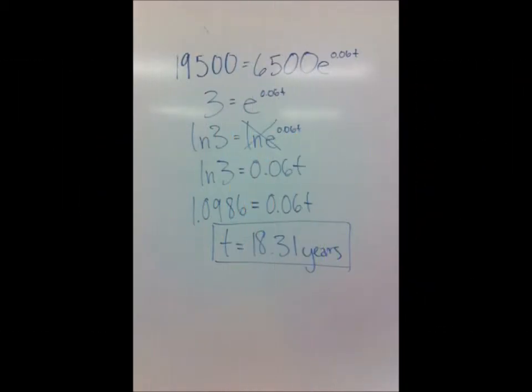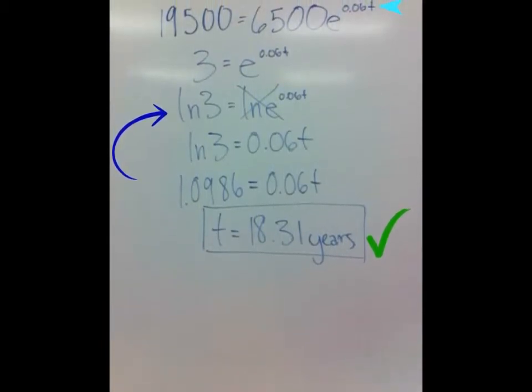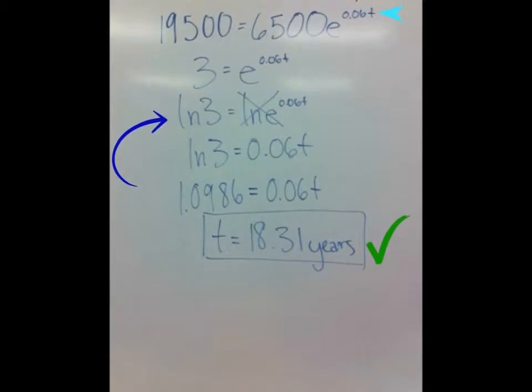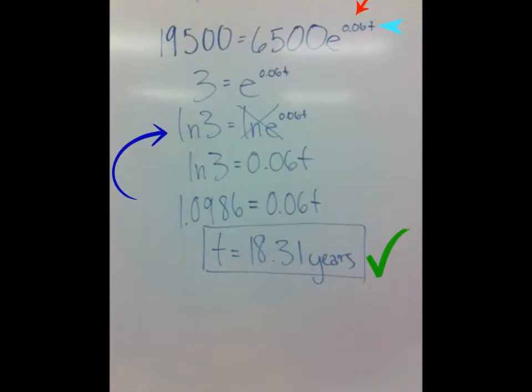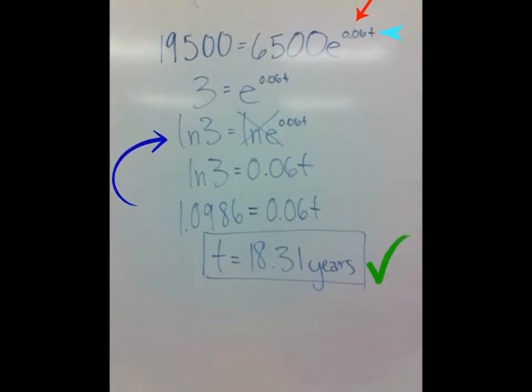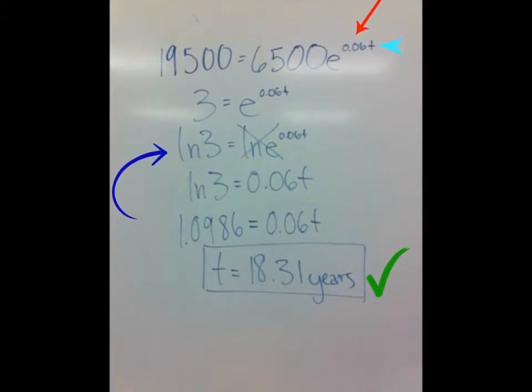Okay, well, I guess from what I learned from being here and looking at how you solve all the problems, for continuously compounded interest, if I wanted my final amount to be 19,500, I would plug in the numbers and leave t as the unknown. And so I would solve it. I would apply ln to both sides, and ln e cancels it out. And so my final amount would be 18.31 years.